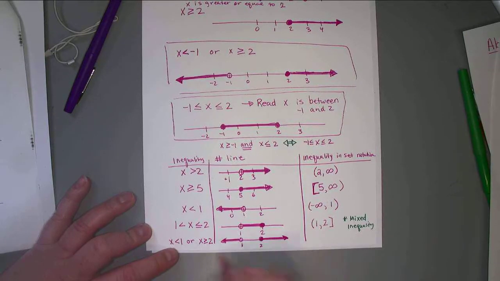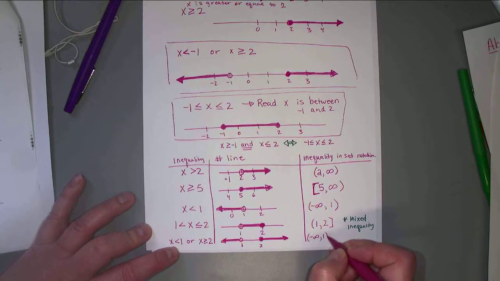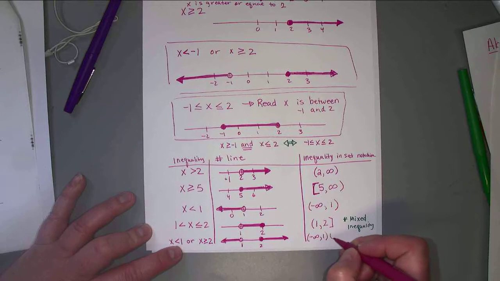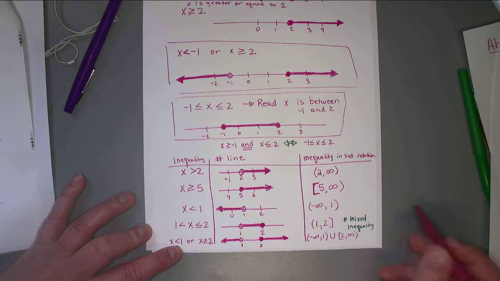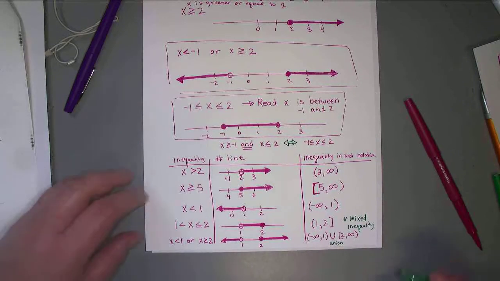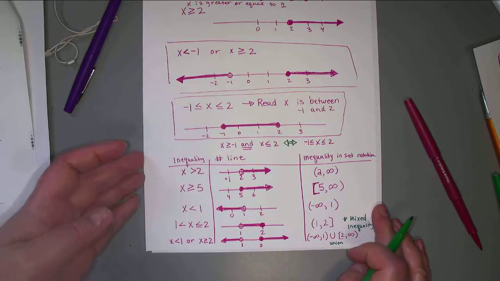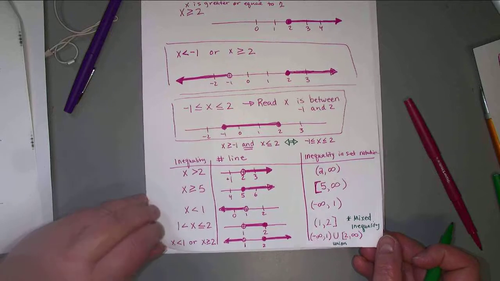And that or, over in these intervals, we would say negative infinity to 1, not included, and then we actually put this big U. It's a union symbol. The 2 is included all the way up to positive infinity. So this symbol is called a union, and it means or. Okay, so those are the two different ways that you could see inequalities written.